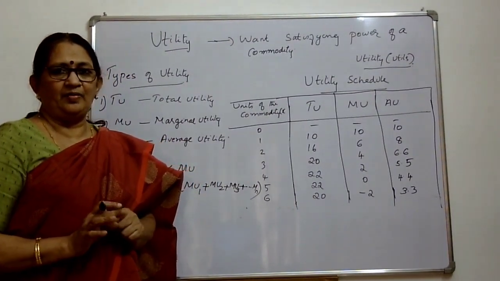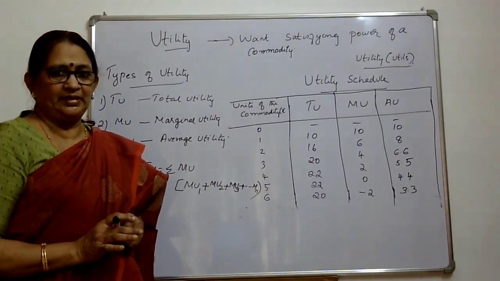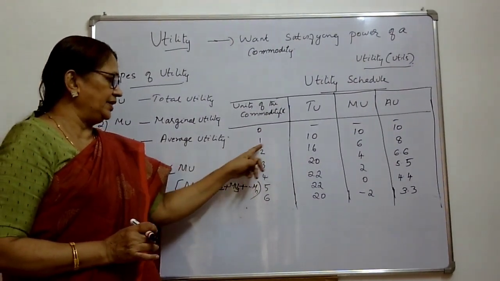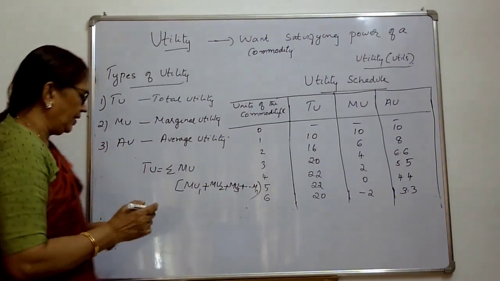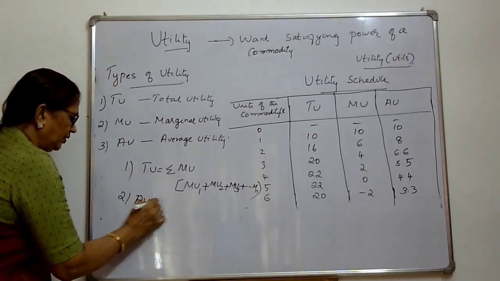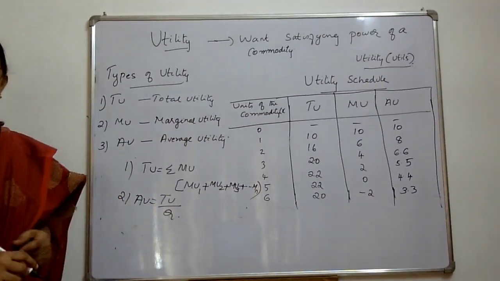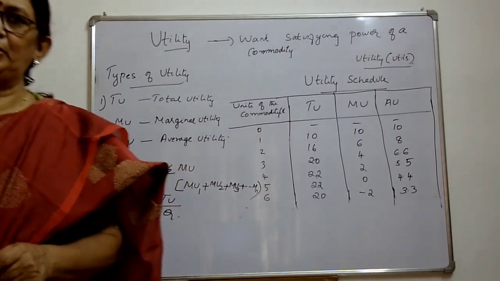Okay. So how is average utility calculated? Per unit utility, it is total utility divided by units of commodity. So average utility is equal to total utility divided by number of units consumed.